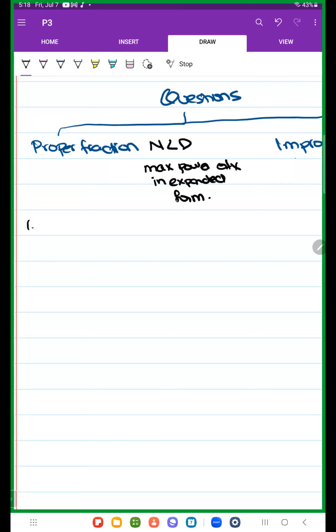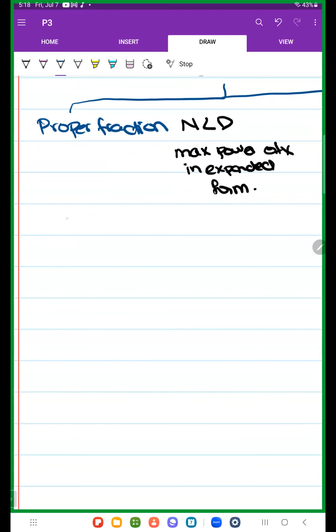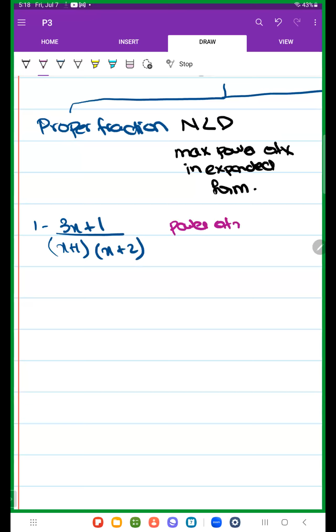For example, there's a question: 3x plus 1 upon (x plus 1)(x plus 2). What is the maximum power of x in the numerator? 1.